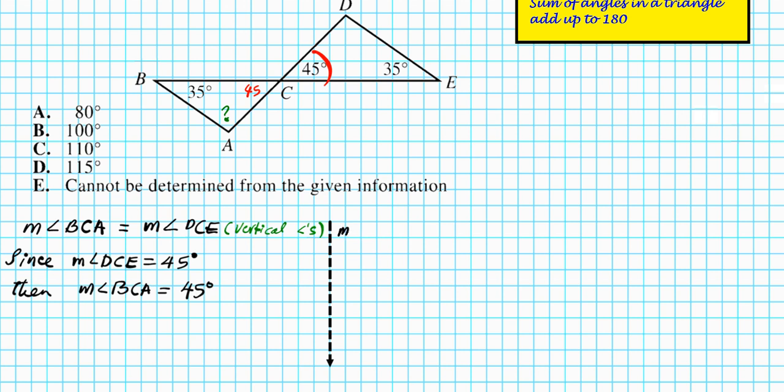So we know that the measure of angle BAC plus the measure of angle BCA plus the measure of angle ABC is equal to 180 degrees. Wait a minute, I think I repeated myself. No, the last one is not BCA, it is ABC, yeah. So the last one is measure of angle ABC.